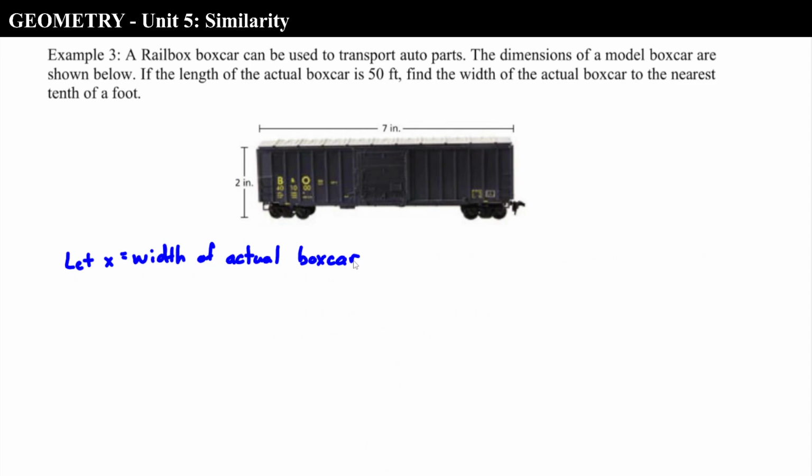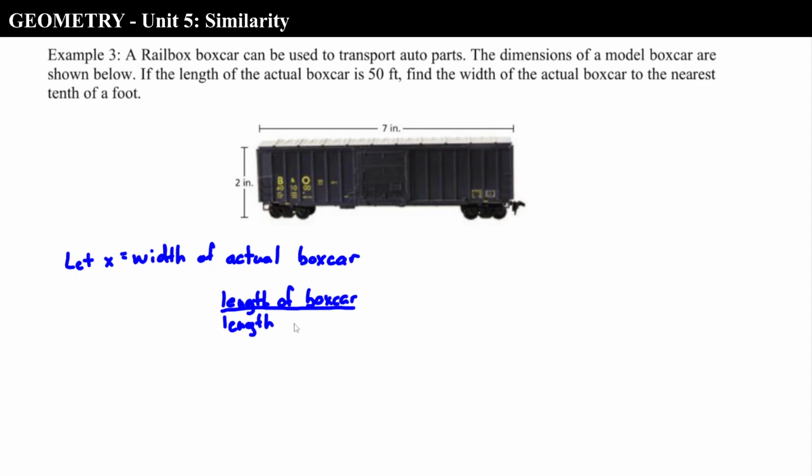The rectangular model of the boxcar is similar to the rectangular boxcar, the real thing. So the corresponding lengths will be proportional. So we're going to have the length of the boxcar over the length of the model.